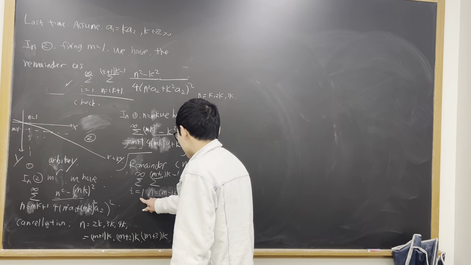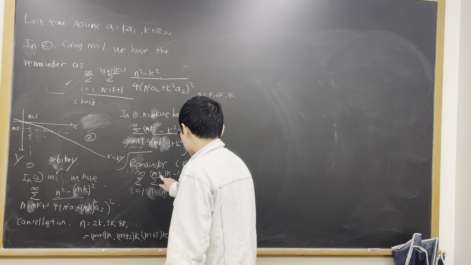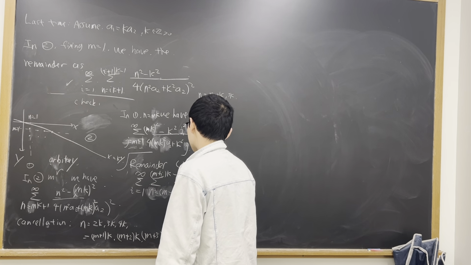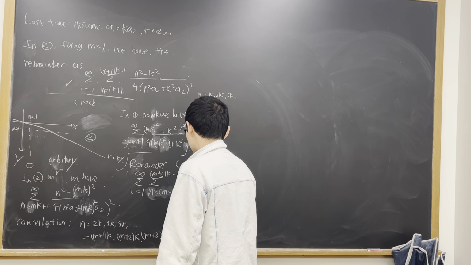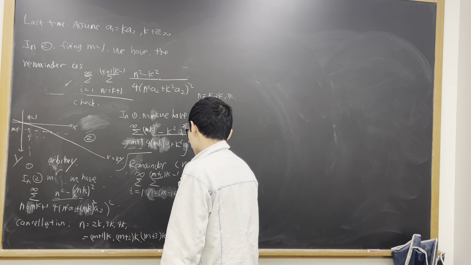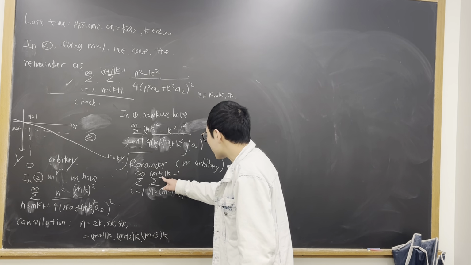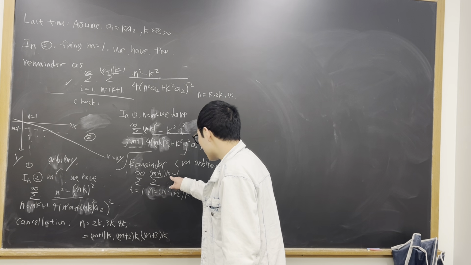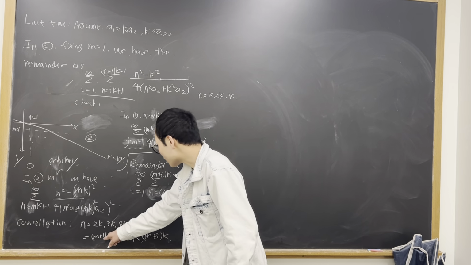So when you plug in I equal to 1, it should be m plus 1 k minus 1, which is exactly this number minus 1.